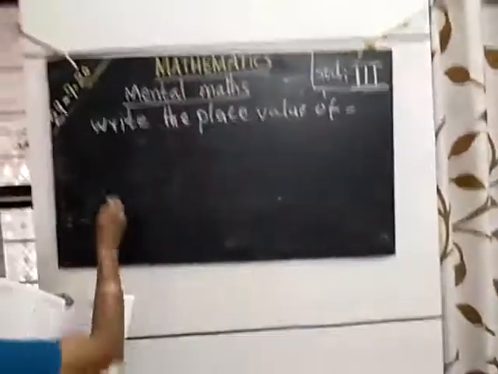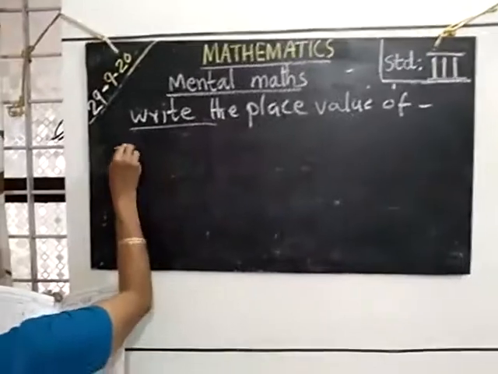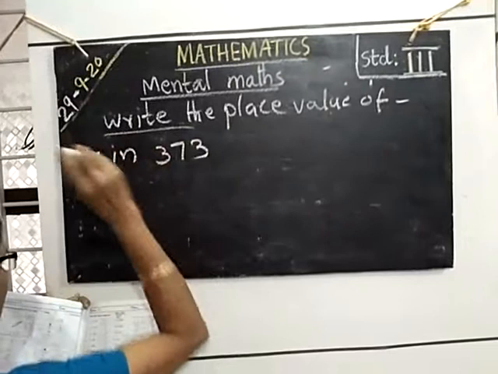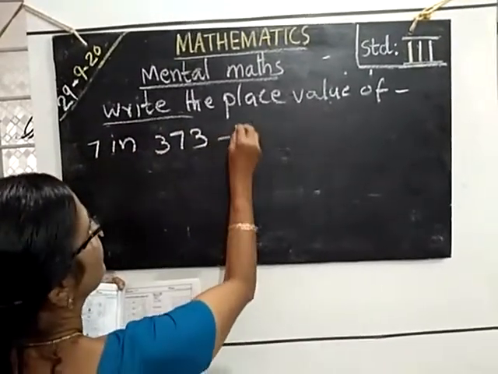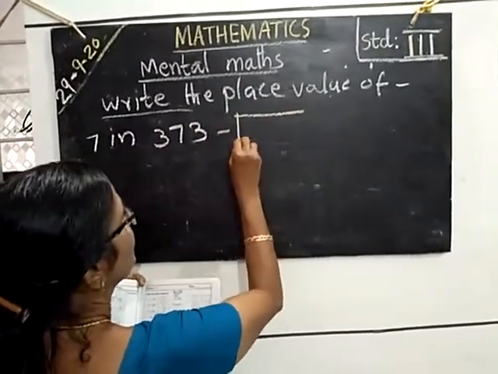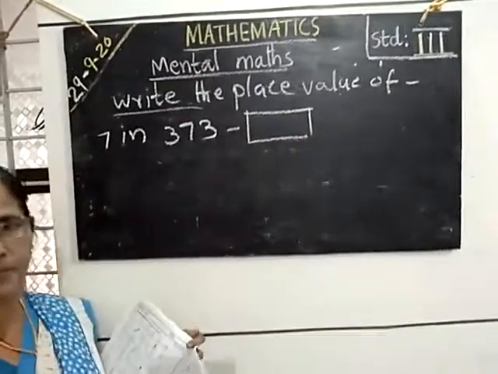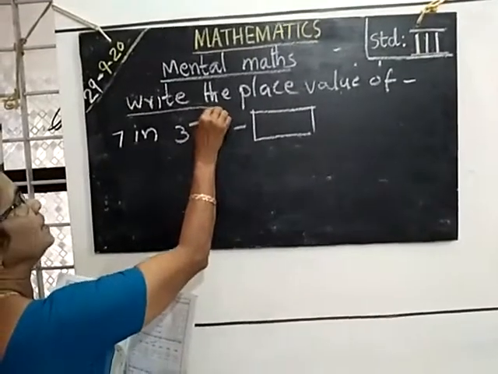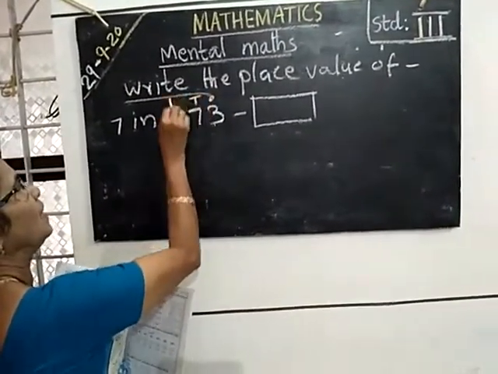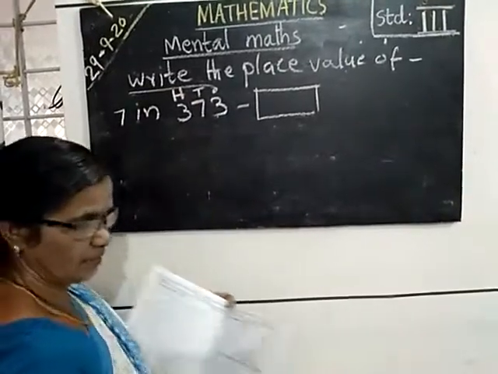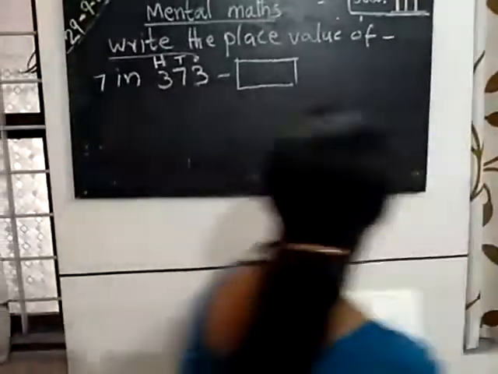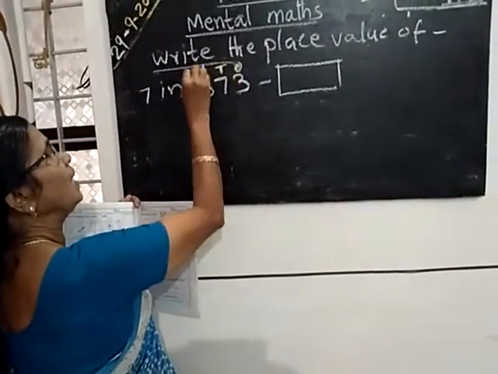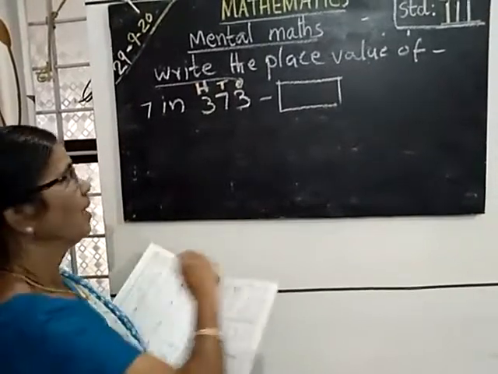Place value of 7 in 373. We have to write down the place value. You read 3 ones, 7 tens and 3 hundreds.